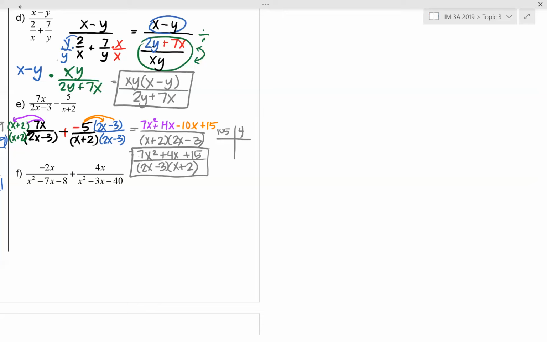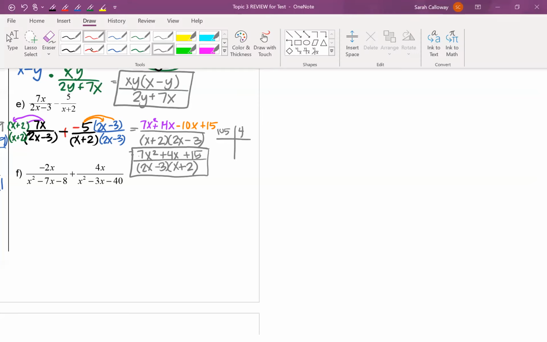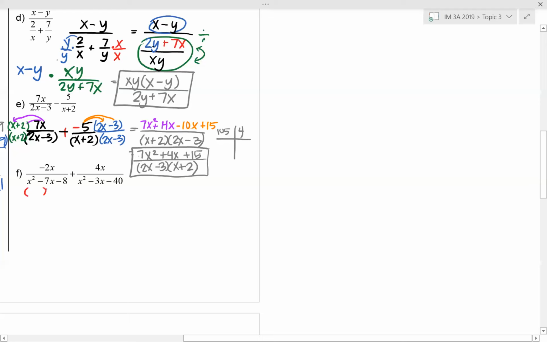So if I have x squared minus 7x minus 8, I'm looking for two numbers that multiply to negative 8 and add to negative 7. So those would be x minus 8 and x plus 1. In the denominator of the second fraction, I have x squared minus 3x minus 40. So I need two numbers that multiply to negative 40 and add to negative 3.